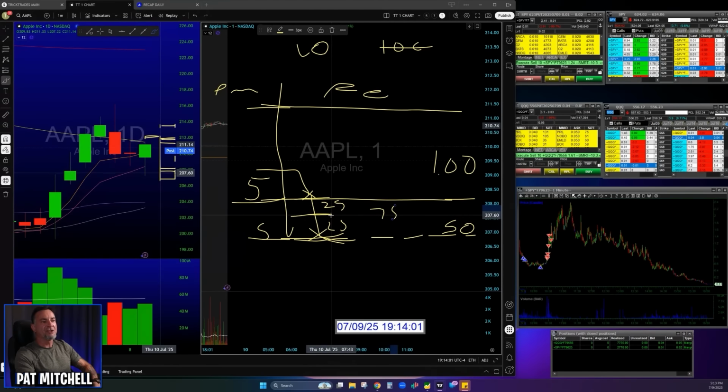Your average is now 75 cents. So when it comes up back into here where you entered, you are flush, and it comes into this level as a retest, because if it failed support, it will retest as resistance. You will be up roughly 25 cents.